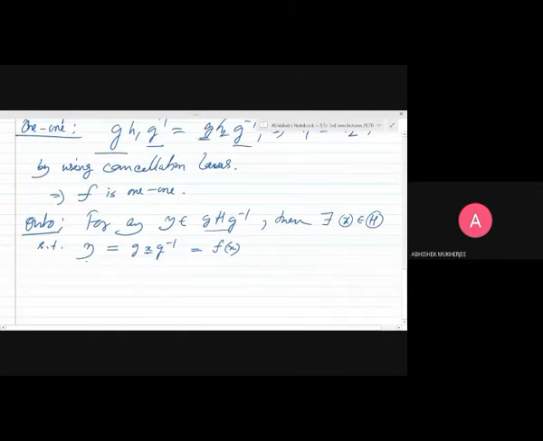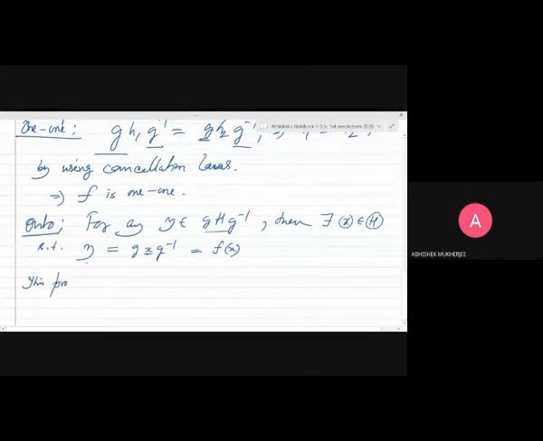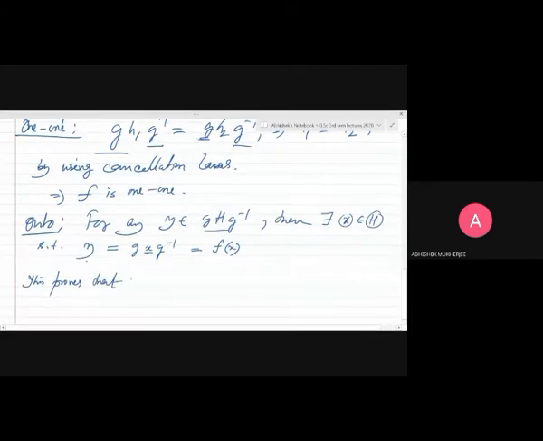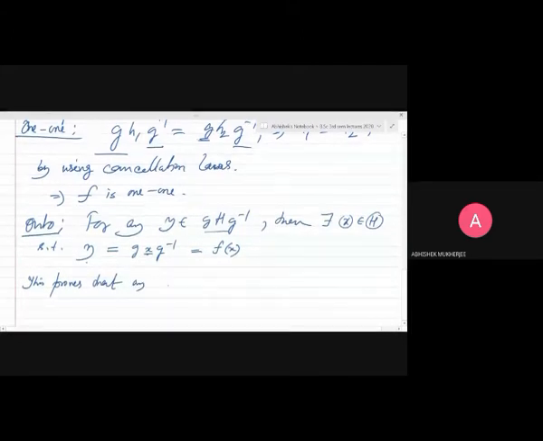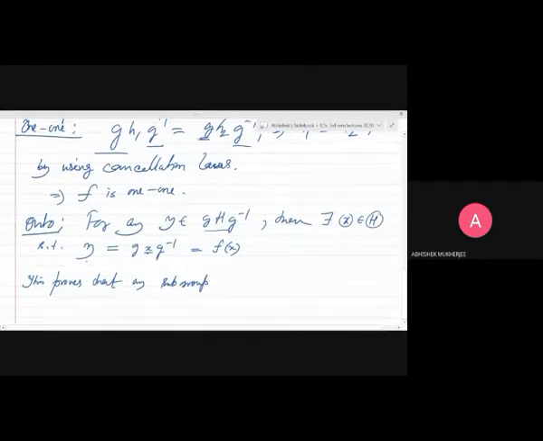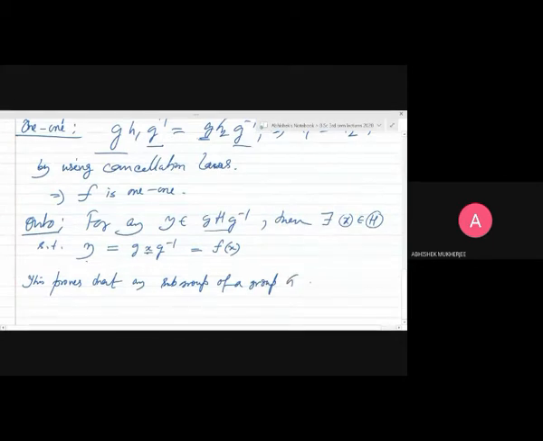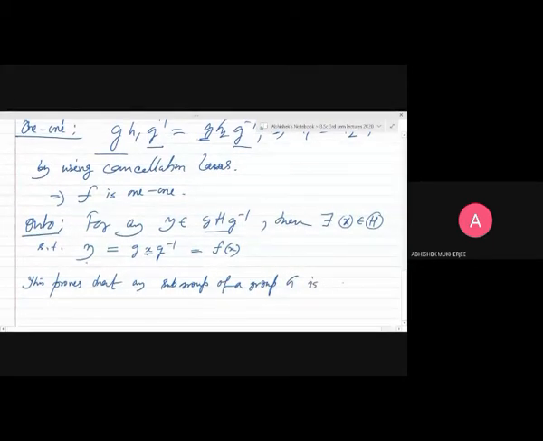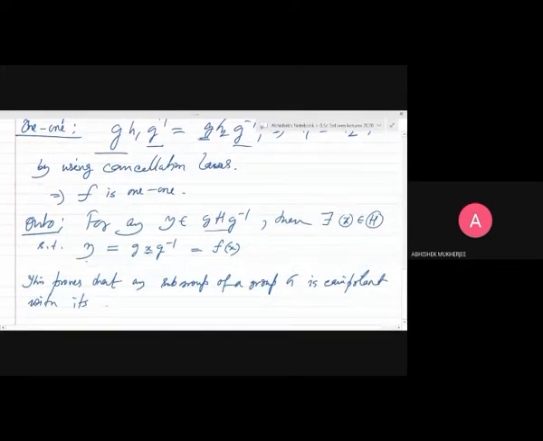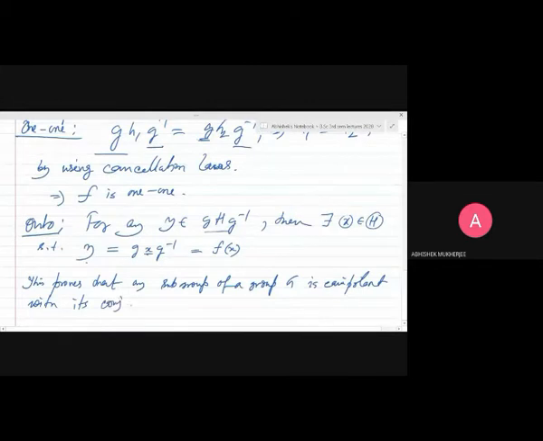Okay. So this proves that any subgroup of a group G is equipotent with its conjugate subgroups.